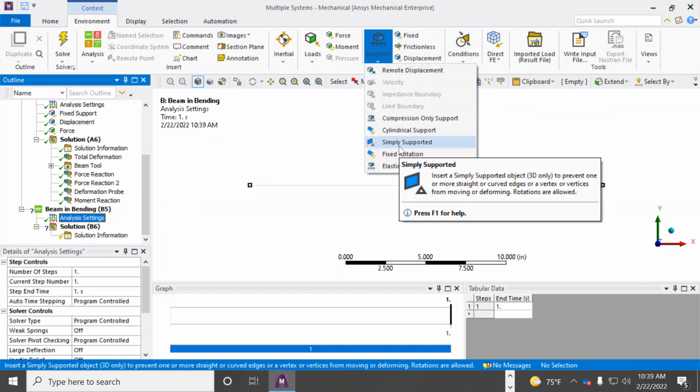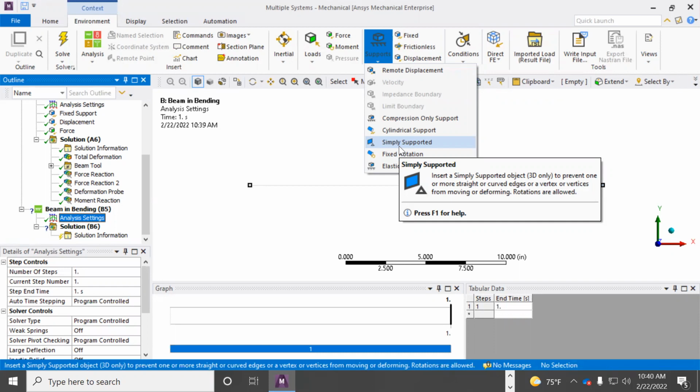And there is something in ANSYS called simply supported. Insert a simply supported object, 3D only, prevent one or more straight or curved edges or vertices from moving or deforming. But look what it says at the end: rotations are allowed, which is what's going to give me a behavior of a pin support.